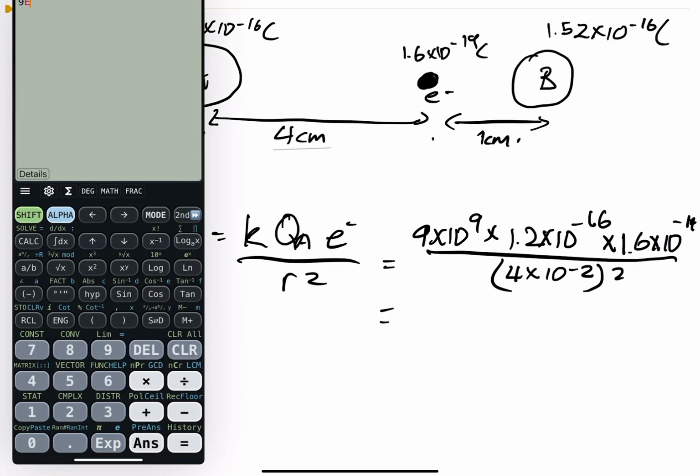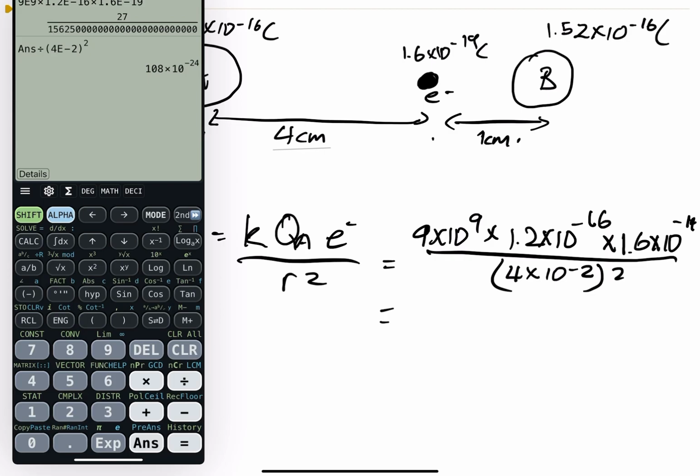So that's 9 exponent 9, multiplied by 1.2 exponent negative 16, multiplied by 1.6 times 10 negative 19, and whoa, we get a very big answer there, which is divided by 4 exponent negative 2, but remember that's squared.